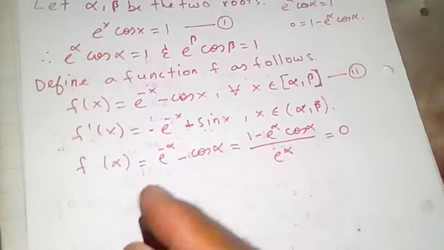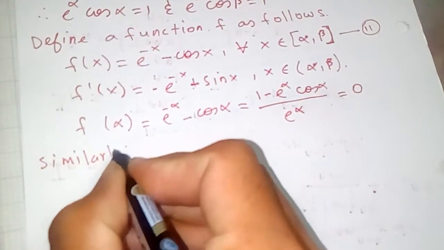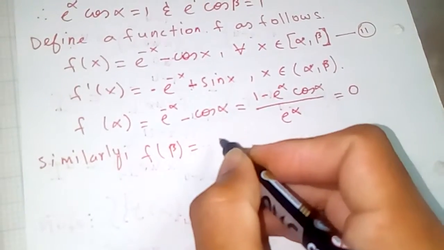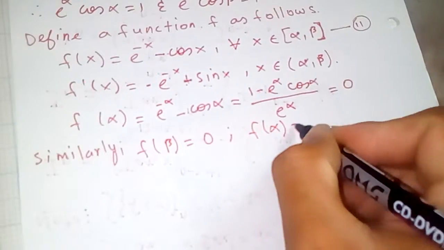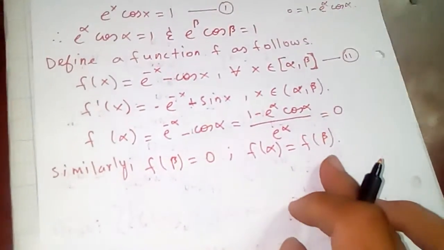Similarly, f of beta is also 0. That means f of alpha and f of beta are equal. This is our Rolle's theorem.